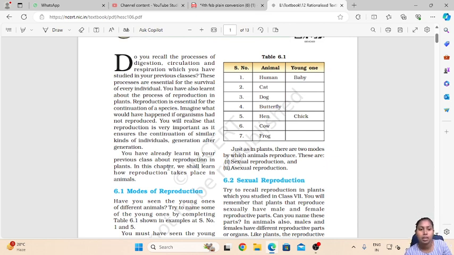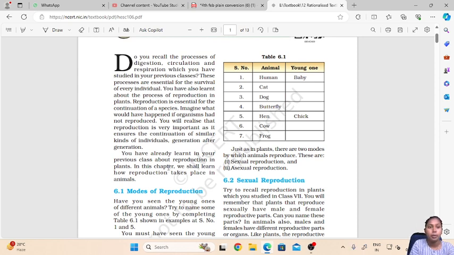Similarly, if reproduction is important for plants, in the same way reproduction is very important for animals, to carry on their generations. What if organisms don't reproduce?